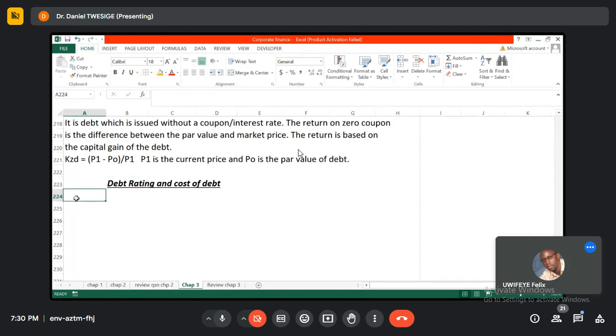When it comes to debt rating, the debt rating is based on the risk of the debt. The higher the risk, the lower the rating of the debt. The lower the risk, the higher the rating of the debt.